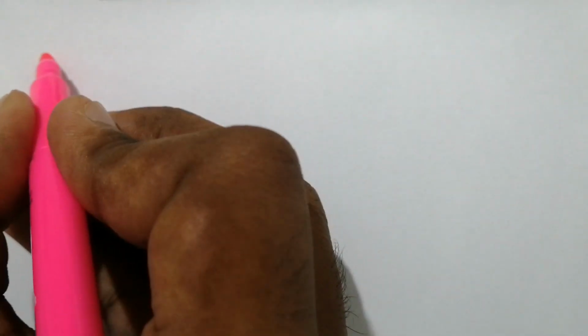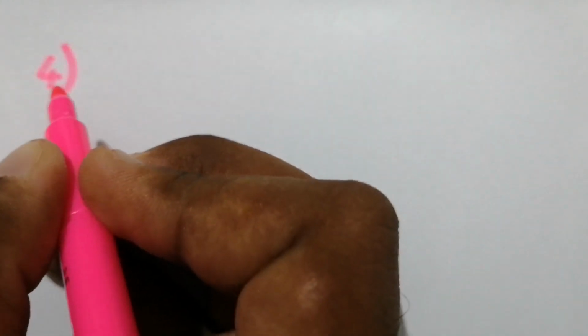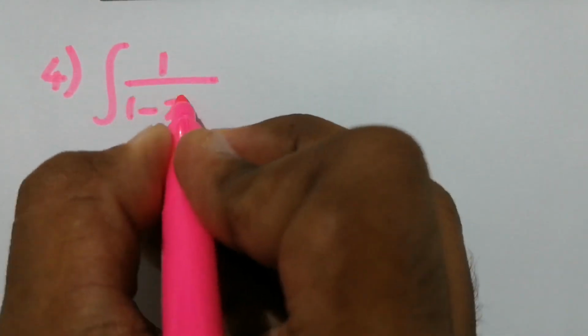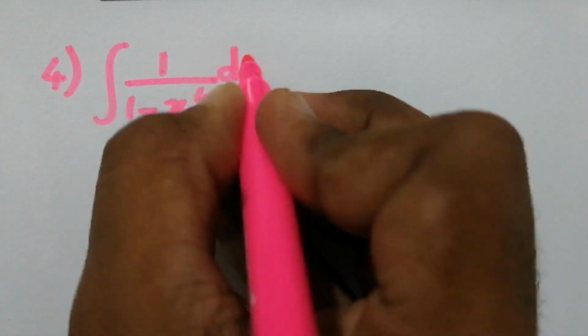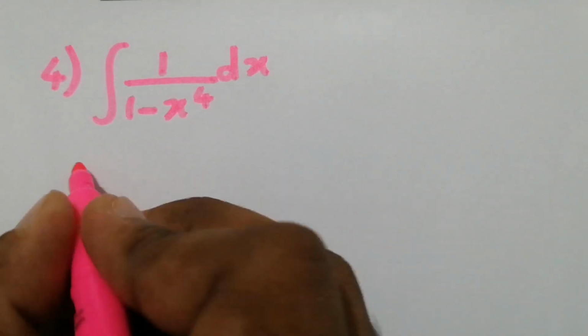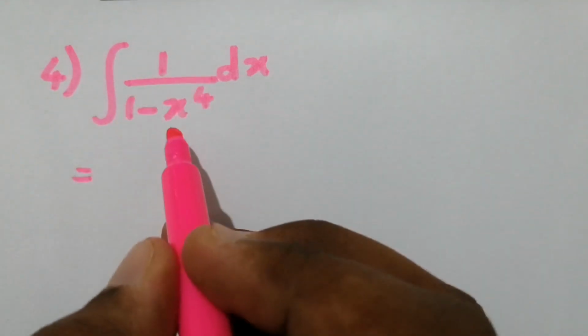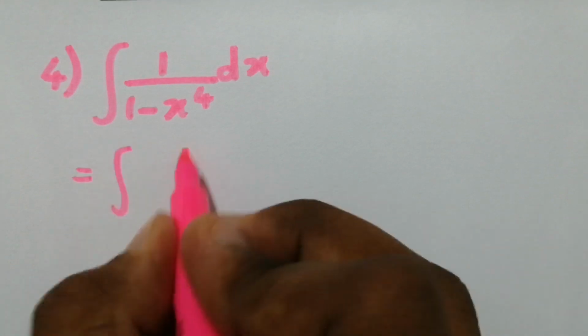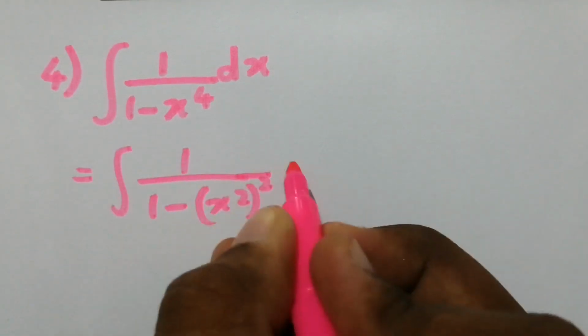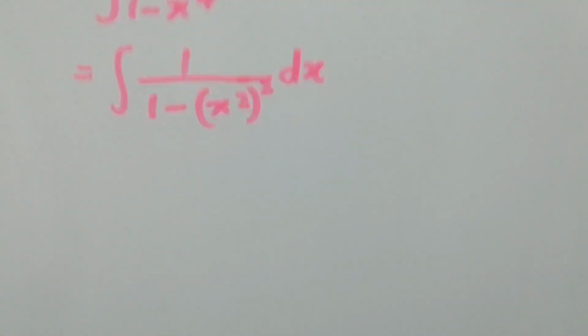Here the next example, integral of 1 upon 1 minus x to the power 4 dx. First I have to factorize this part. This is in the form of a difference of two squares, like this, 1 upon (1 minus x squared) whole thing to the power 2 dx.